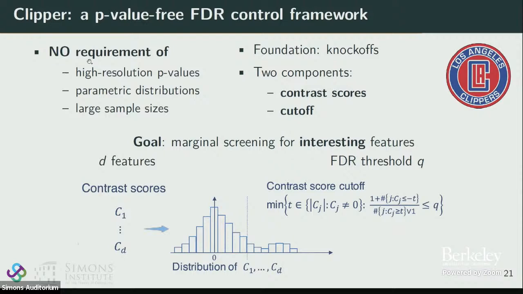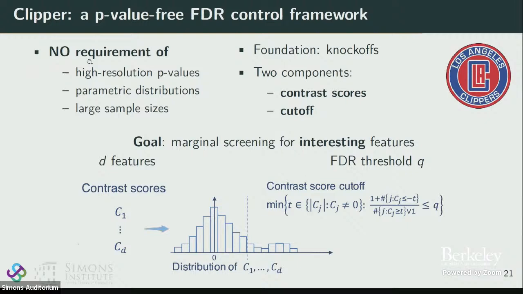So the goal is to do multiple testing with D features. The difference between what we do here and the knockoff paper is that we are doing marginal feature screening instead of putting them into a high-dimensional prediction model. In marginal feature screening, we examine 1 feature at a time. So the idea is to construct a contrast score, 1 per feature, and pool the contrast scores together.